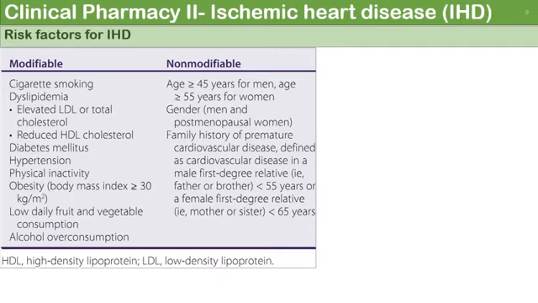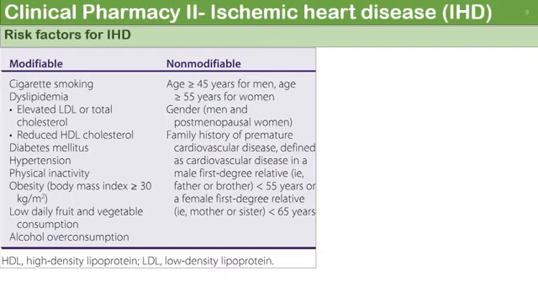Modifiable risk factors for ischemic disease include cigarette smoking and dyslipidemia, especially the cholesterol, either LDL or total cholesterol, and reduction in the HDL. Well, they found that an increase in the HDL could be considered a good marker to reduce progression. It is a good marker, but not a cause of reduction in the morbidity, but a sign for reduction in the morbidity of ischemic heart disease.